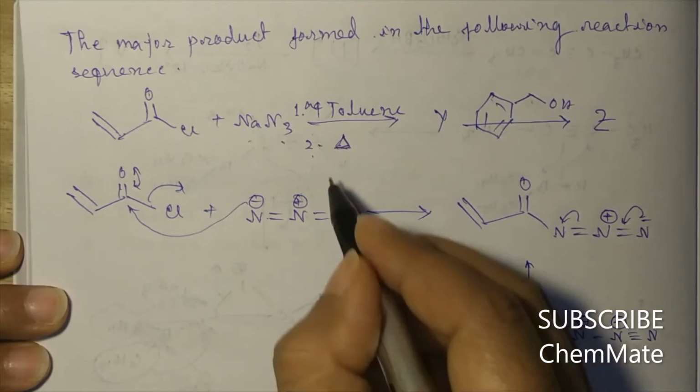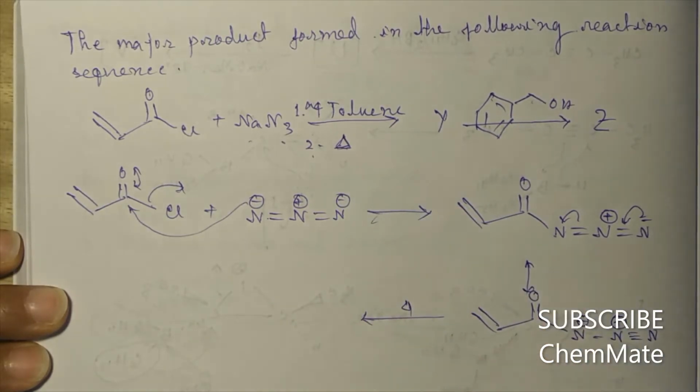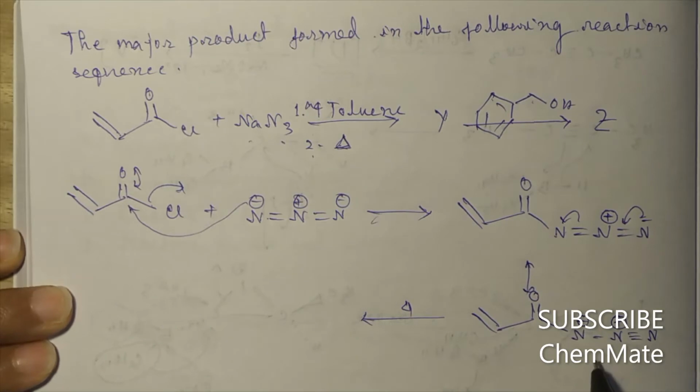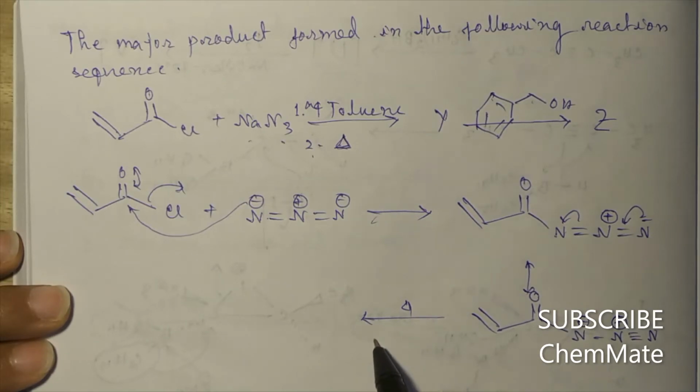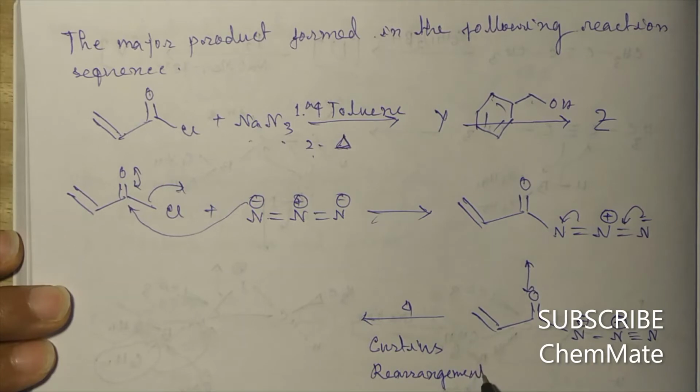Now if it is heated in second condition, then what will happen? This is an acyl azide, so this will undergo a rearrangement reaction called Curtius rearrangement. What will happen?